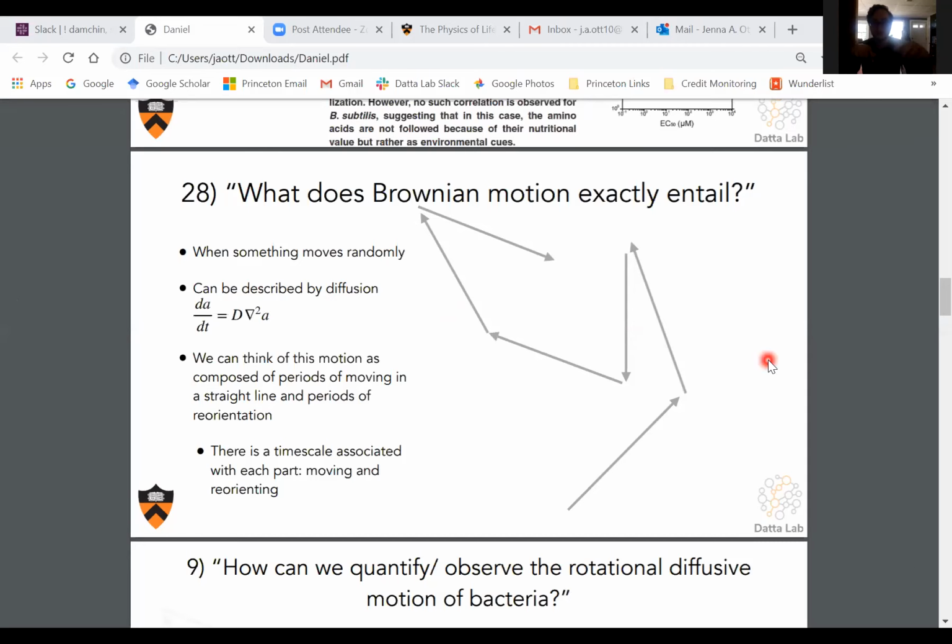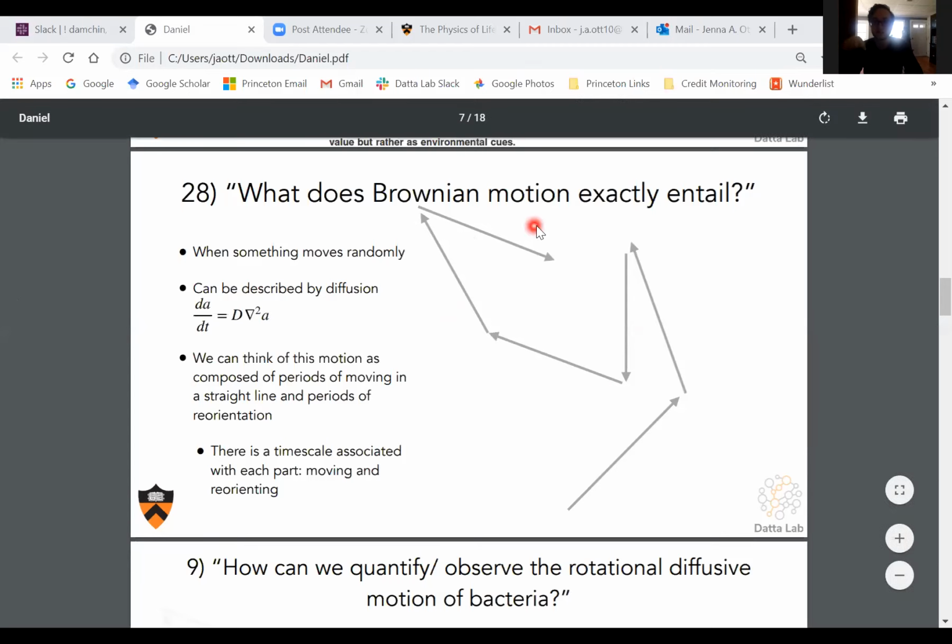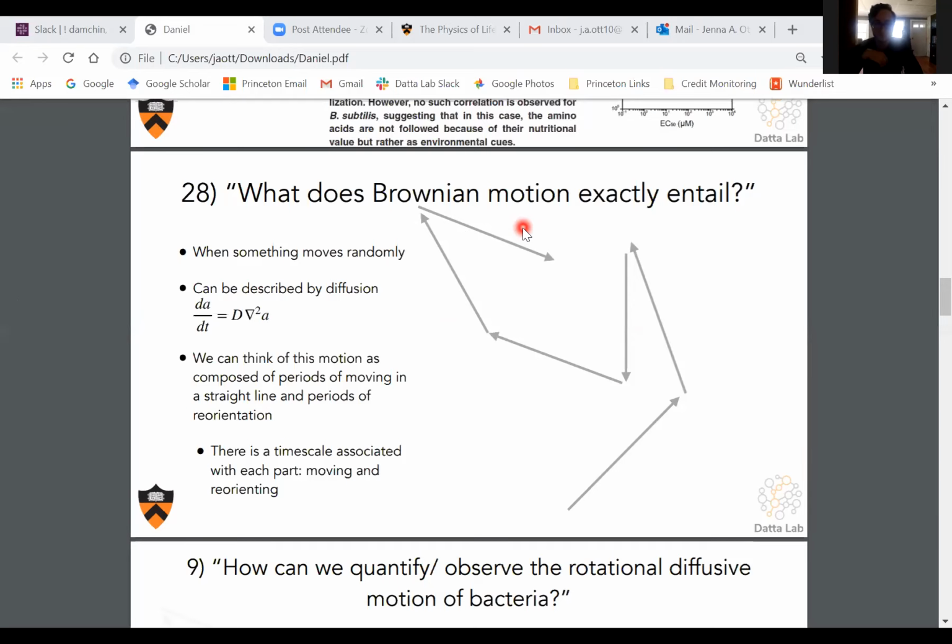The collisions with other particles just jiggle around the pollen particles in small punctual little motions. And so there's a time scale associated with each part of this motion, the moving part and the reorienting part. And those time scales and how they combine go into the diffusion coefficient D in the equation for diffusion.